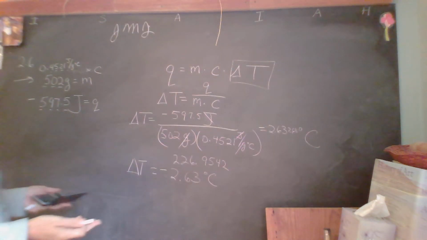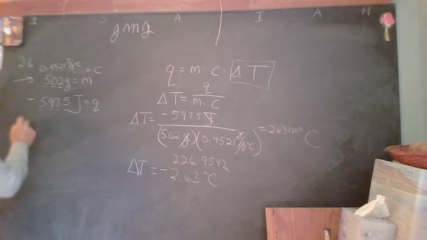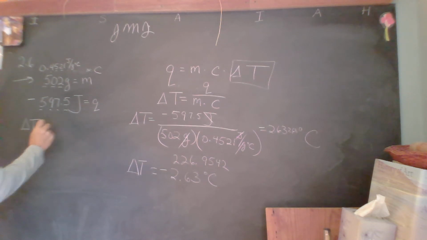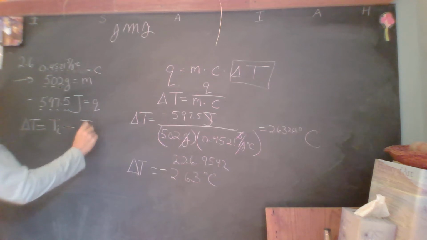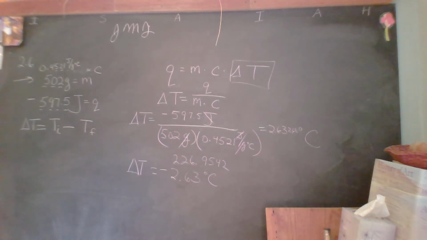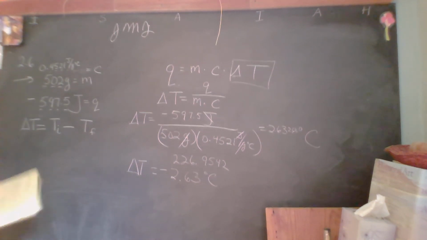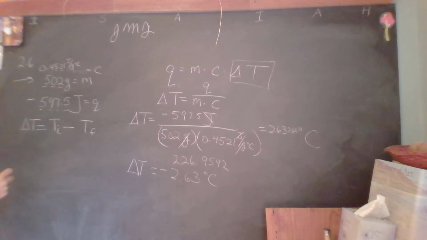So now we're going to go back to what I erased, which was delta T equals the initial temperature minus the final temperature. We are told the final temperature, so we need to find the initial temperature.